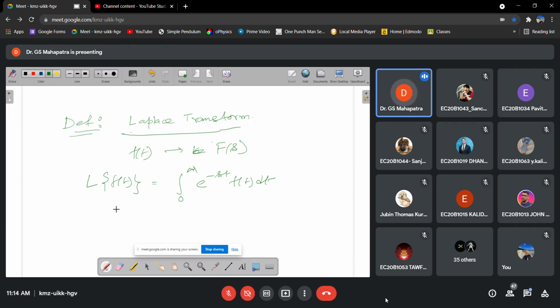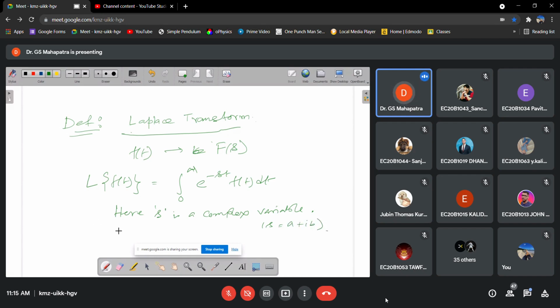Here, what is s? s is a complex variable. You already know what a complex variable is. A complex variable will be of the form s equals a plus i b.